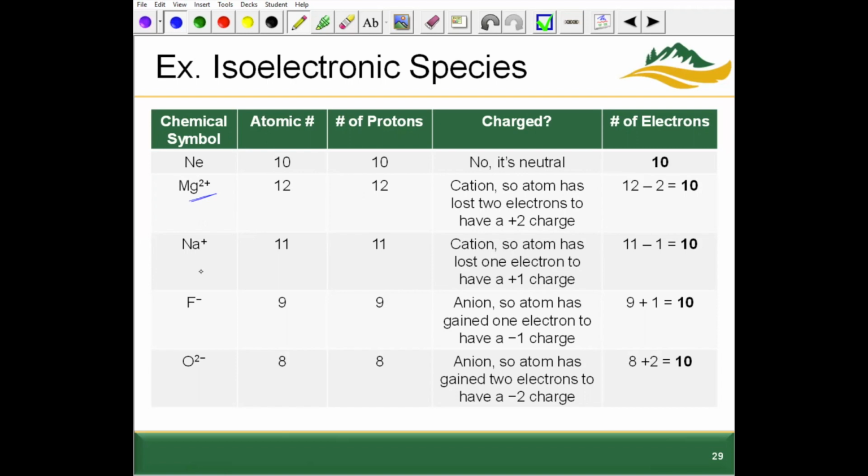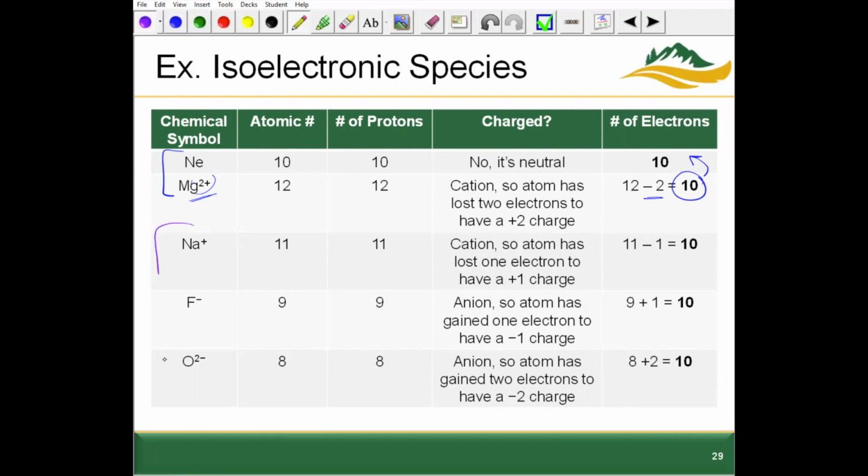That means it's lost one or more electrons. For this to end up with a 2+ charge, it means it's lost 2 electrons, leaving this to have the same number of electrons as neon. Neon and this cation of magnesium, or magnesium 2+, are an example of isoelectronic species.